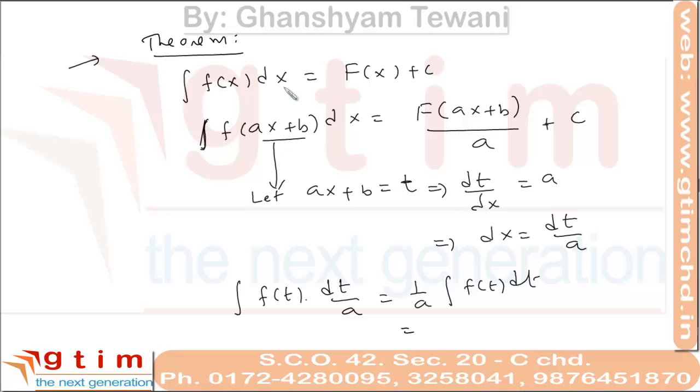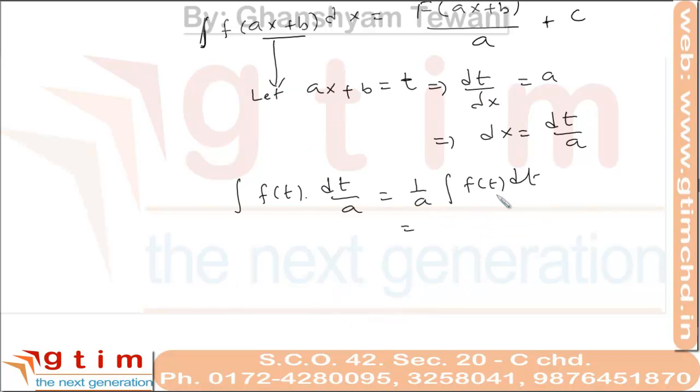Now integration of f(x) dx is capital F(x) plus c. Then what will be the integration of this? In variable t, that will be a function of t, and we can write this as capital F of t plus c. If we have variable x here, we have F(x), and if we have variable t, then the integration will be F(t). Now you can put the value of t, that was ax plus b, plus c.